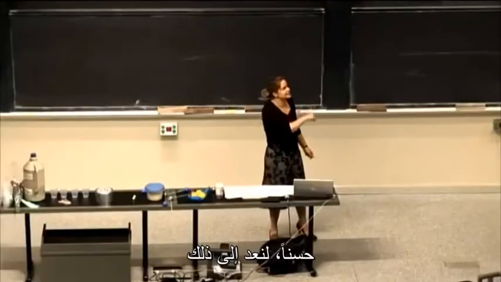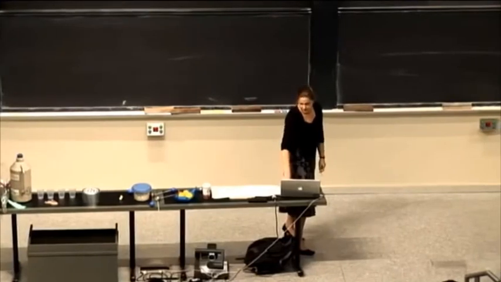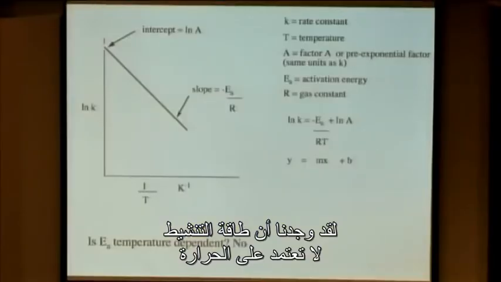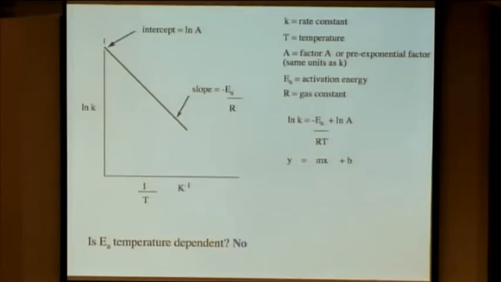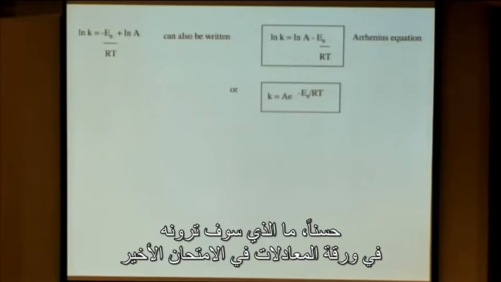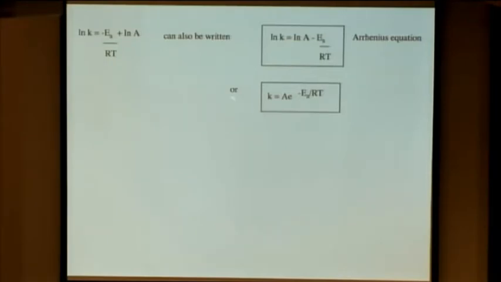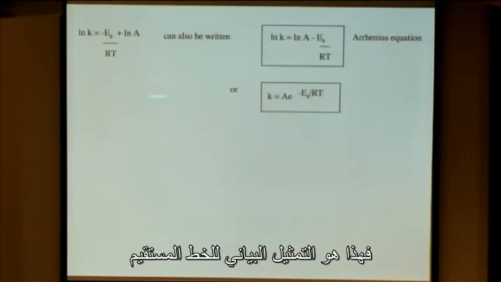All right, so let's go back to this. We found out that no, activation energy is not temperature dependent. So what are you going to see on your equation sheet on the final? You may see a couple of different forms that are all equivalent to each other. Here is the plot of a straight line.